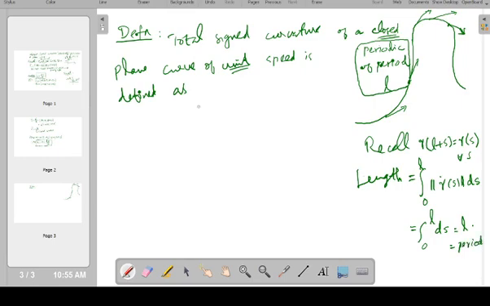Okay. And the total signed curvature is defined as the integral over its length. What is length? Period. Integral 0 to L of Ks ds, where Ks is the signed curvature at the point S. So it is given by this integral, where L is the period of gamma or the length of gamma.